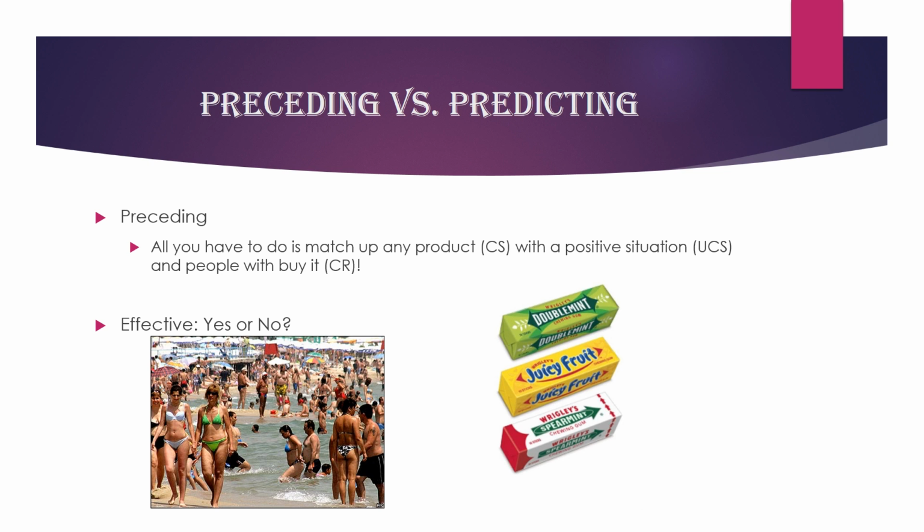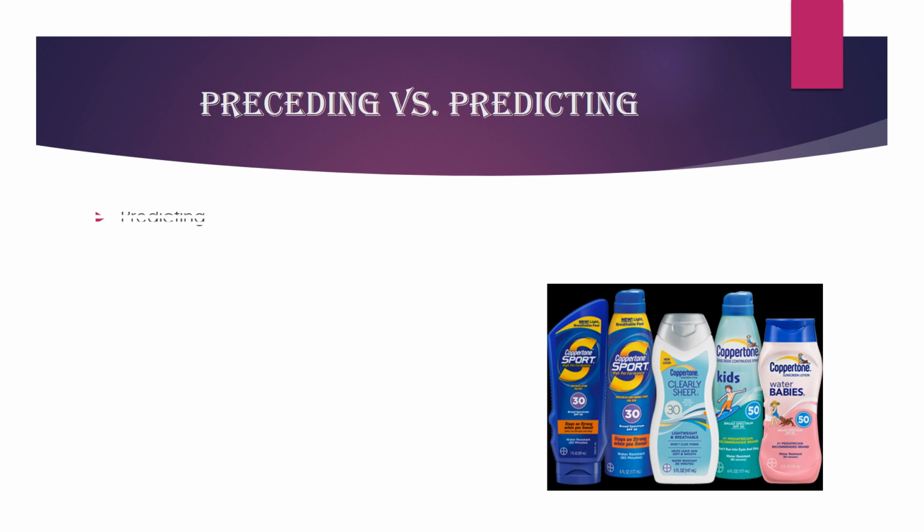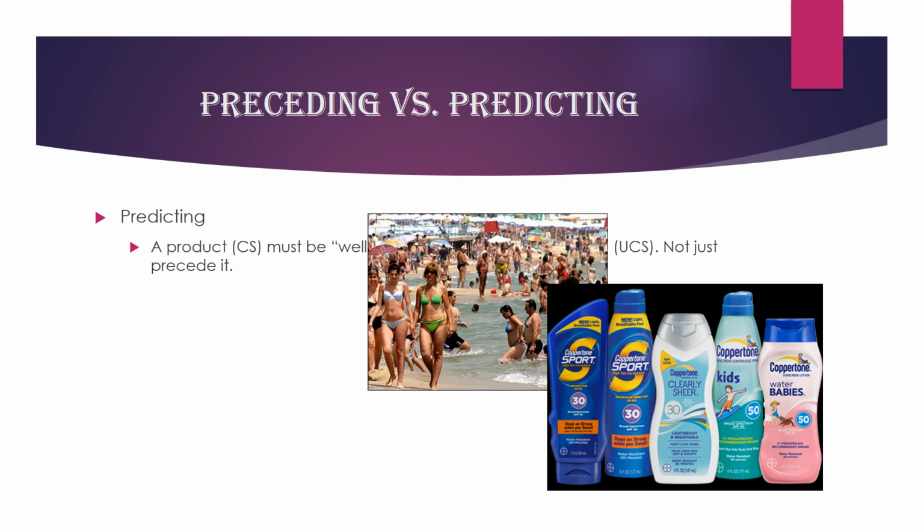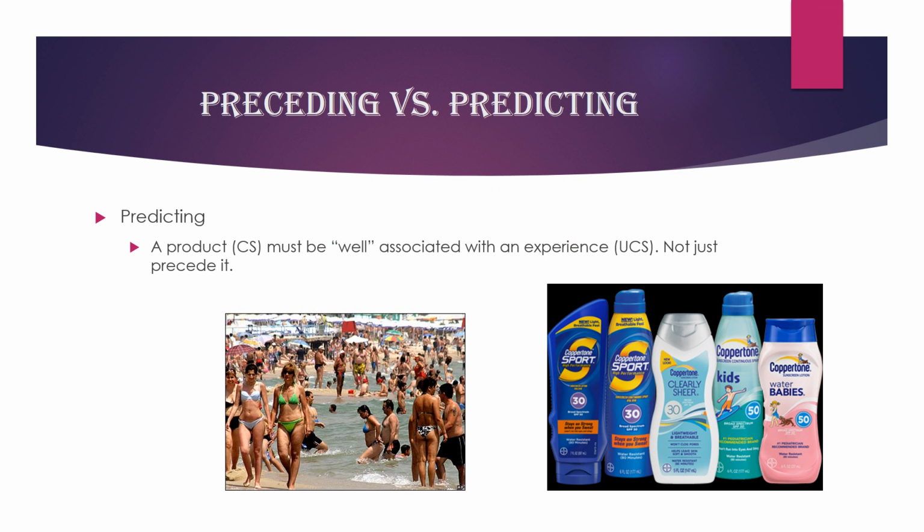This was truly an example of preceding. Now think of that beach scene one more time and let's talk about predicting. Predicting means that a product, that conditioned stimulus, really has to associate well with the experience. So if the product is, say, Coppertone suntan lotion, and you're showing people at the beach having a great and wonderful time, and then you see them occasionally putting on the Coppertone to protect themselves and kids, they may go together better.